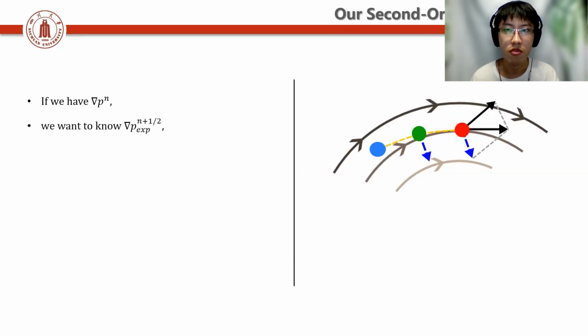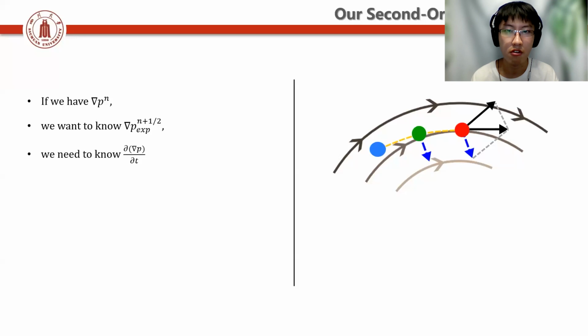Now we need the pressure gradient at any grid point after half a delta t. Because we use the explicit scheme, this value uses the exp subscript. Incidentally, the reflection solver can be understood as the implicit form of this scheme.